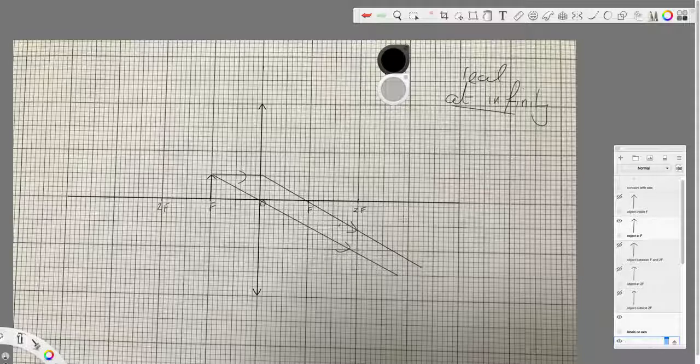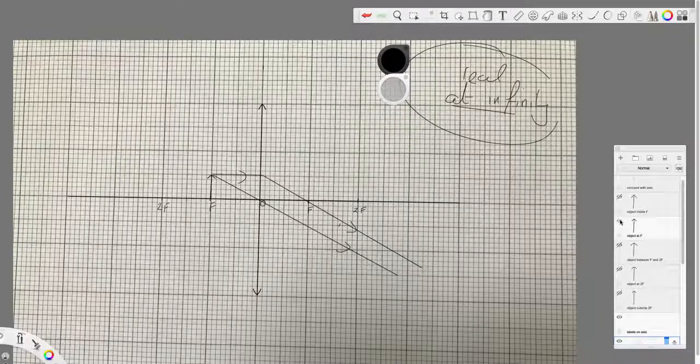You can imagine it's going to be an awful lot bigger than the object. But real and at infinity will do, and the image is getting bigger. So it would be inverted and enlarged, magnified.